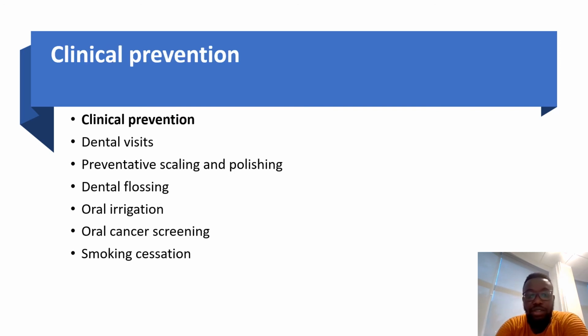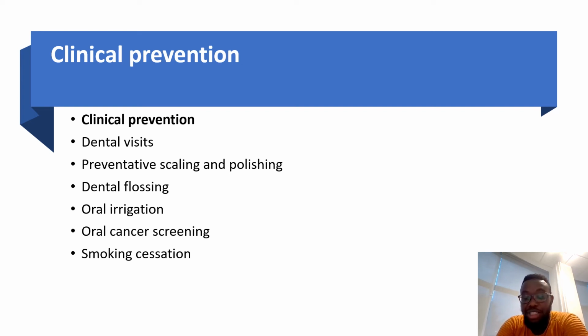So a bit of clinical prevention here, a reminder: dental visits are the first most important clinical prevention, to be honest. I believe that because if a patient does not come to the clinic, or they don't come for checkups after they've come the first time, then you won't be able to help them.